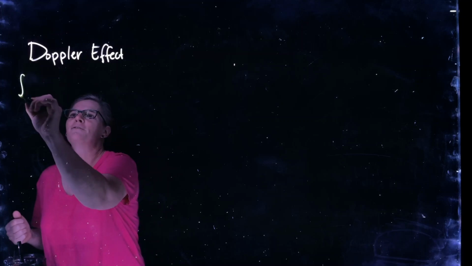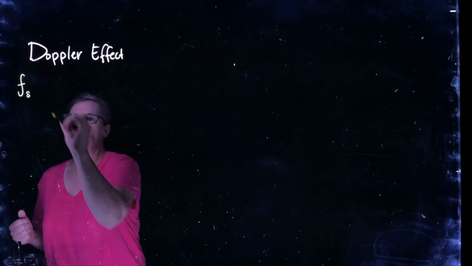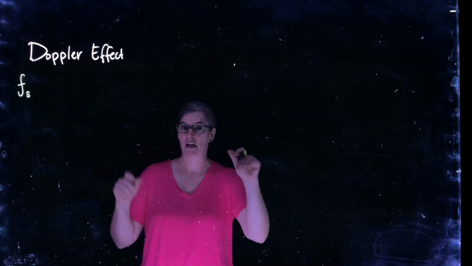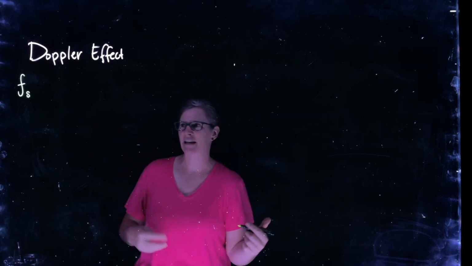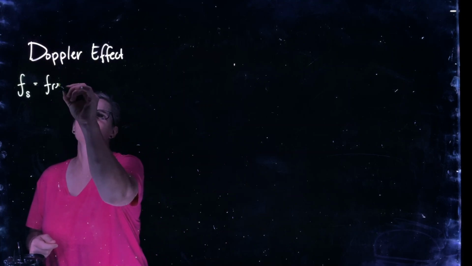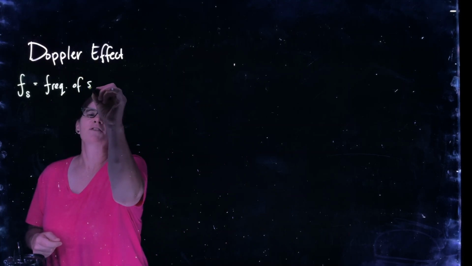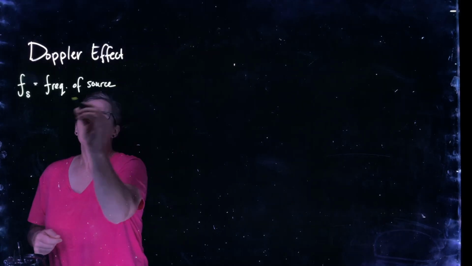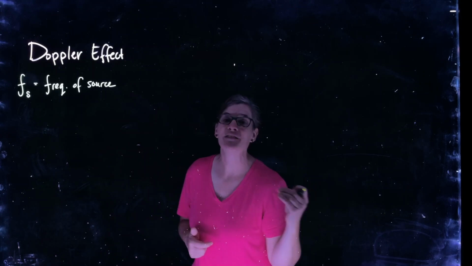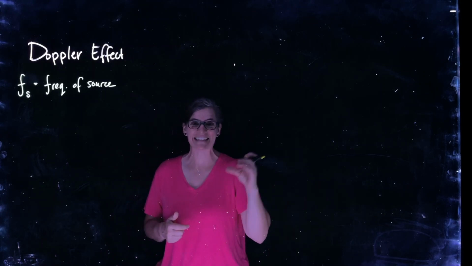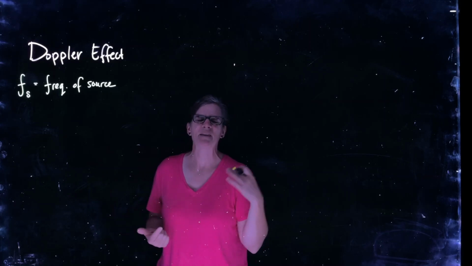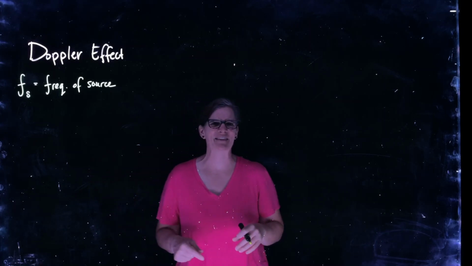So the frequency of the source, the thing actually making the sound, you could call that the true frequency. We're going to define it as the frequency of the source. It's going to be F sub S. So this is the frequency of the source. What we hear, what we perceive, actually in this case, it's physiologically the same thing, unlike when we talk about vision, and the perception is slightly different than the physics.